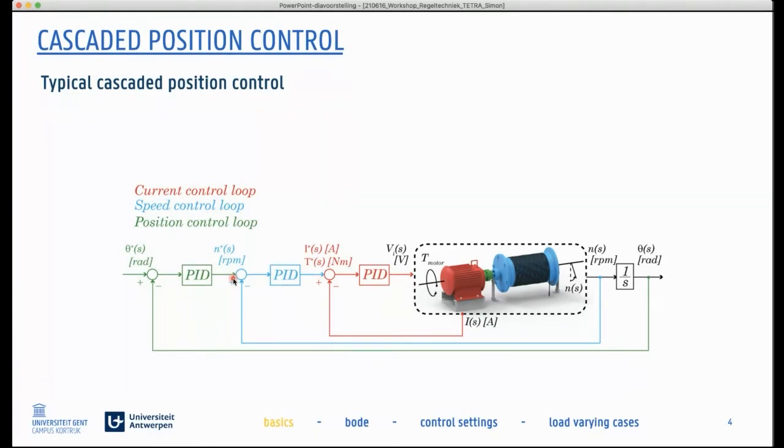And it's quite logical if you think about it. You have a positioning error, you have a deviation in your position. The larger that deviation is, the larger the speed needs to be to obtain the desired position. So therefore, it's quite logical that here this is a connection. A larger error means a larger required speed. Then you have the speed. You can also measure the speed.